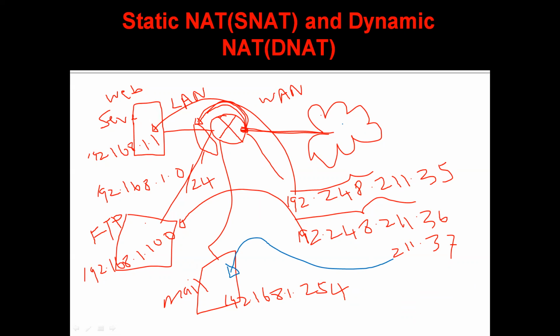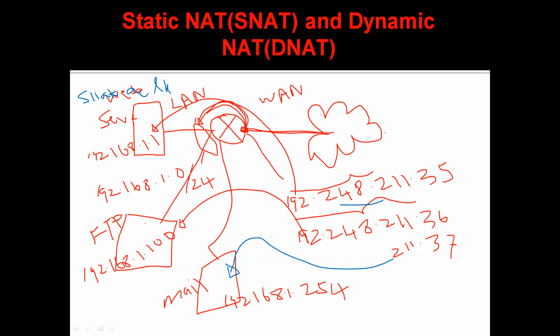So somebody tries to access our web server, like this is our web server, slayer.ac.lk. This domain has one public IP.